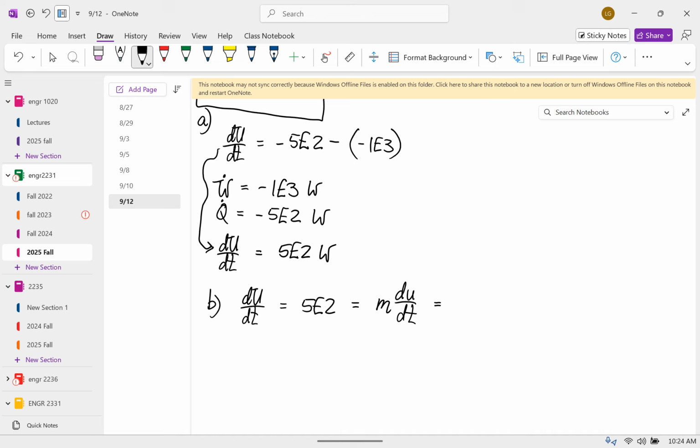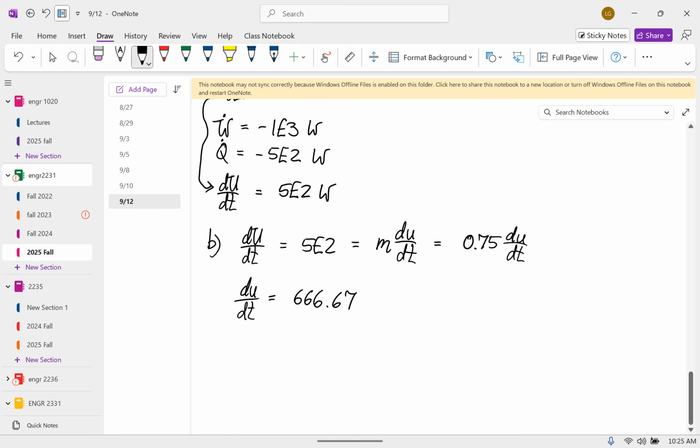And mass is given as 0.75. So d little u/dt is equal to 666.67. And this is in units of watts per kilogram.